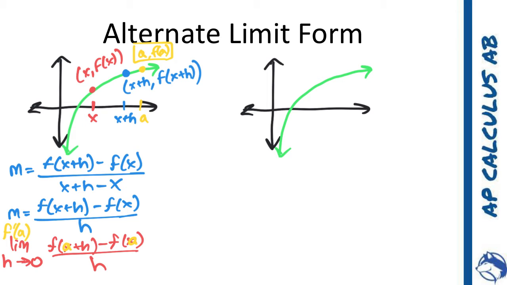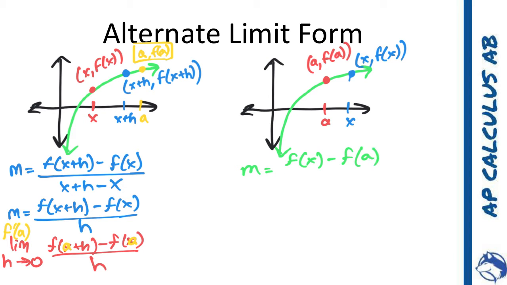Now what the alternate limit form does is it says, well, I know my point, it's a, and so this makes it a comma f of a, like it was before. And let's say we're just going to choose some arbitrary point and call it now x. So then this is x comma f of x. Well, we can find the slope in the same way. The slope is equal to f of x minus f of a all over x minus a.